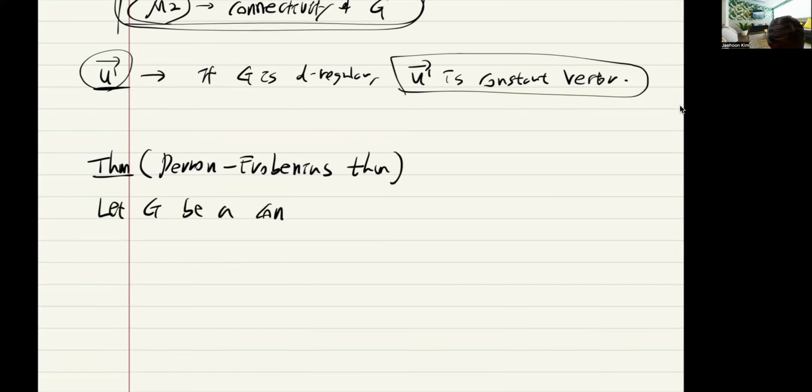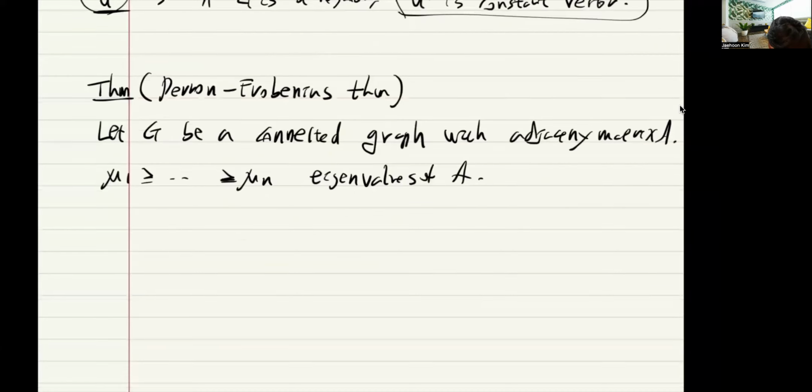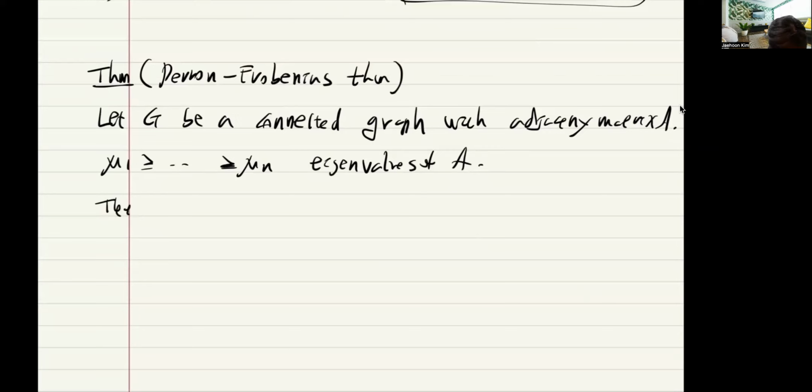So let G be a connected graph with adjacency matrix A. Again, mu1 to mun are the eigenvalues. Then the largest eigenvalue, mu1, has an eigenvector which is strictly positive.